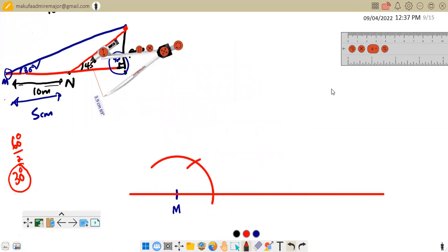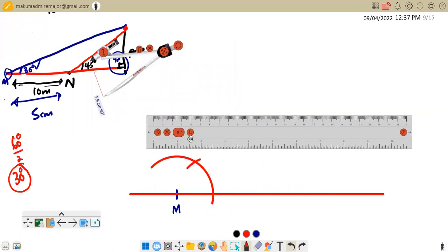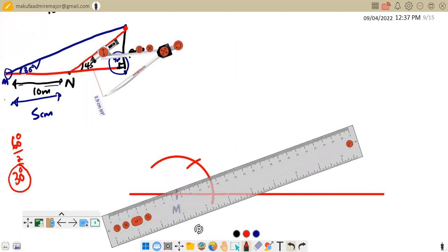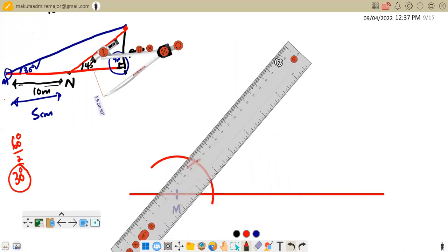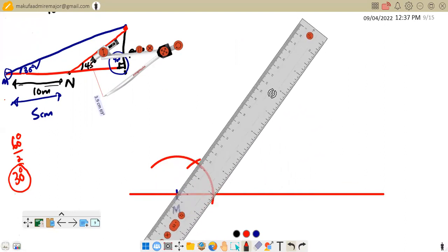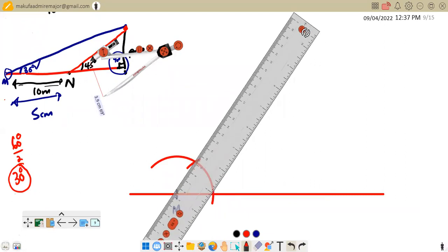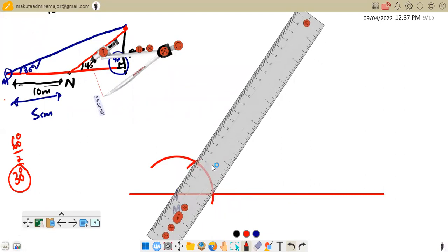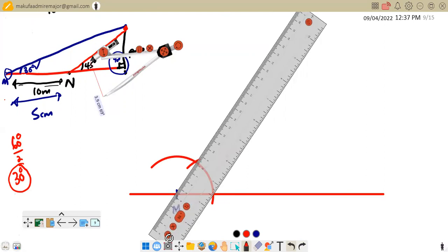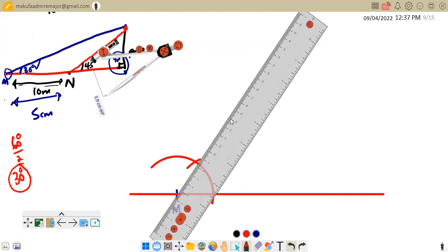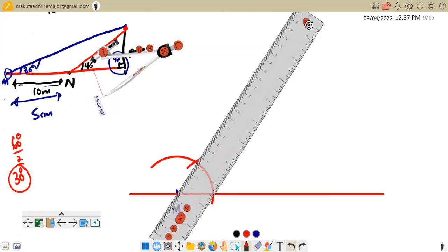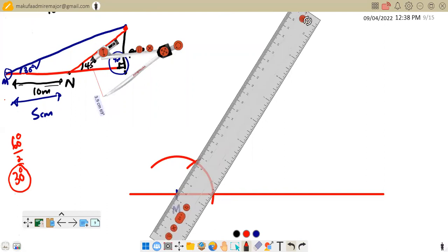This is your 60 degrees, and take note, you do not need this 60 degrees. You just need this to help you find the angle of 30 degrees. So what are you going to do with this 60 degrees? It must be a broken line. We're just going to construct this one as a broken line. So let us just have our point here. I'm just going to shift a little bit this side. All right, so I'm just going to use a broken line.